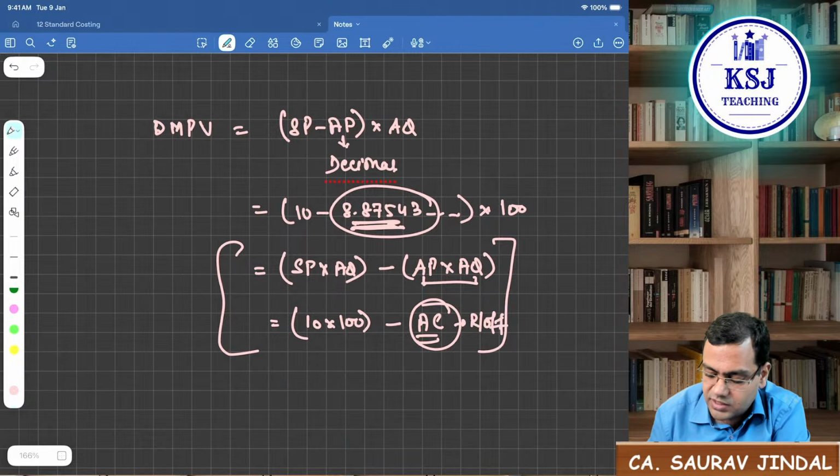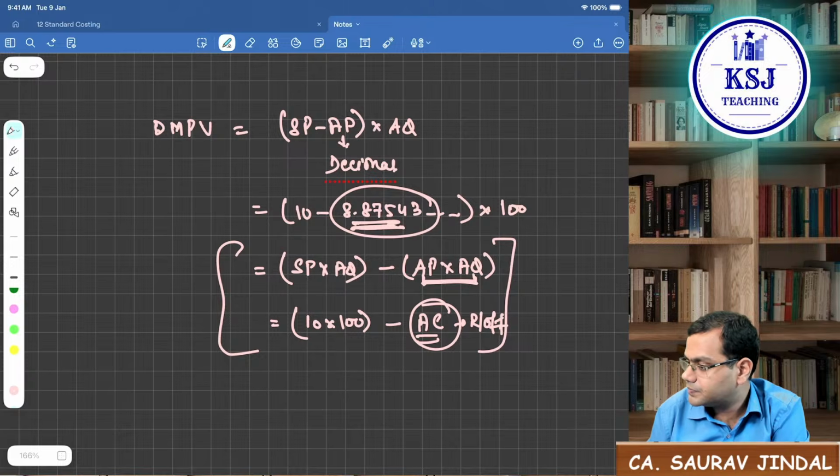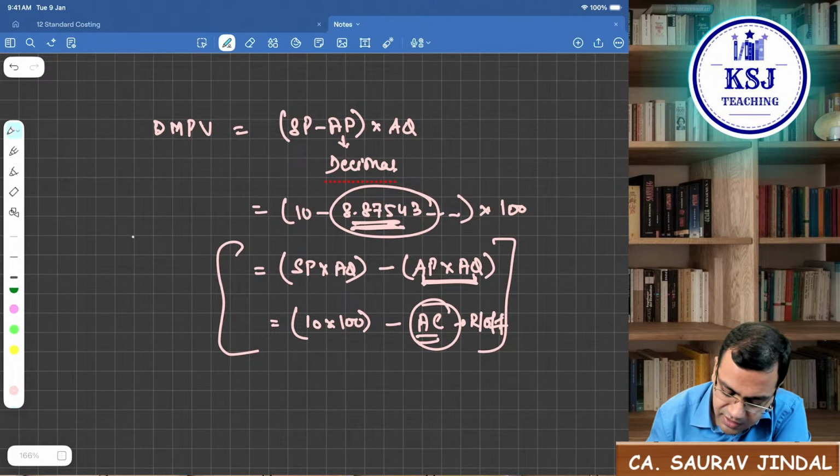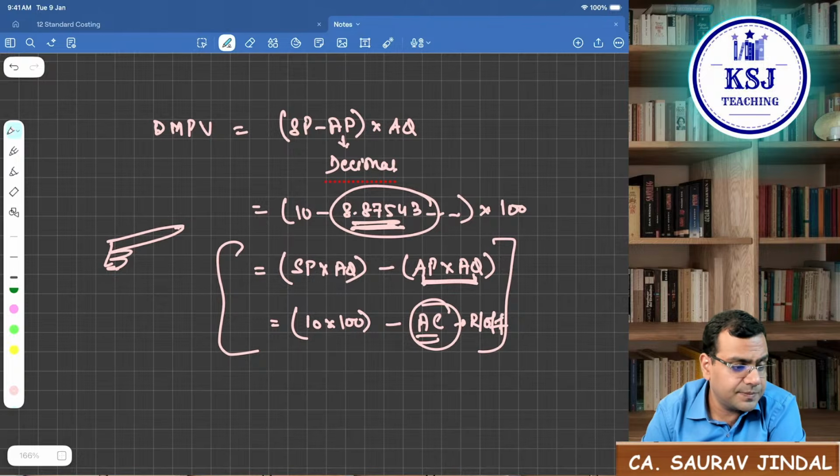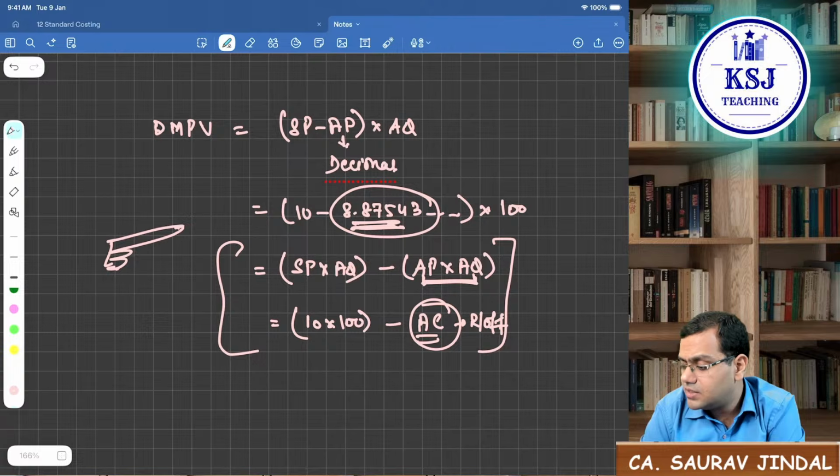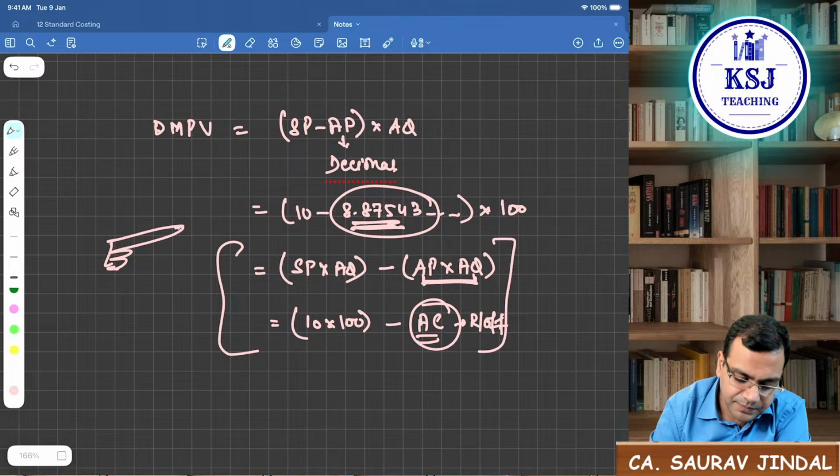So this is one thing where you need to be careful. Otherwise, if you are rounding it off to 2 decimals or 3 decimals, it will not be wrong. But why give the paper checker any chance to deduct our marks? We don't want to give it. So these small things will matter in the exam.